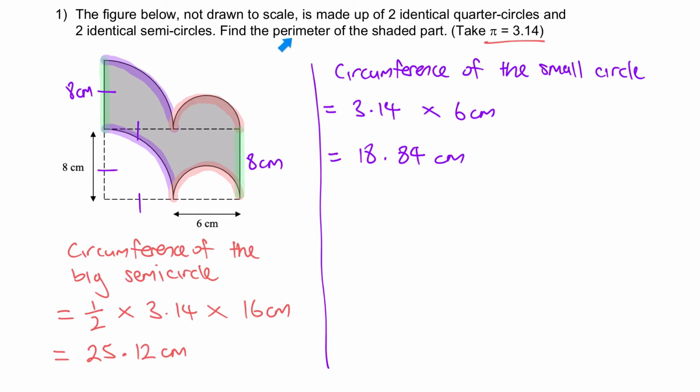So the final step to find the perimeter, we just need to add this plus the vertical length, which is 8 and 8.